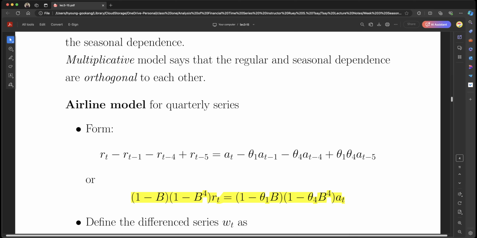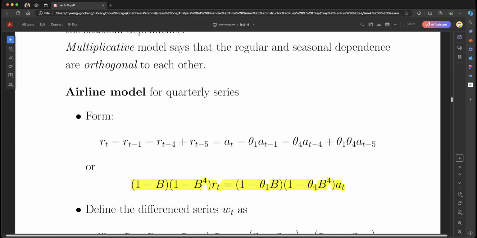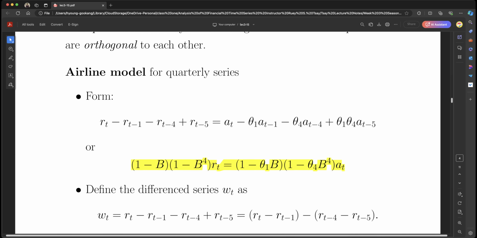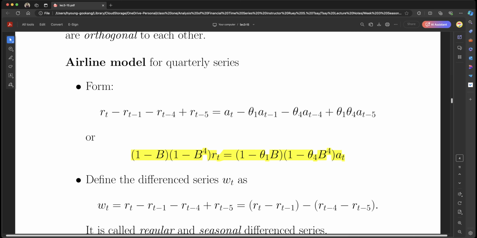All right. So we model this as a_t minus θ1 a_{t-1} minus θ4 a_{t-4} plus θ1θ4 a_{t-5}, or if we use the backshift operator B, then (1 minus B)(1 minus B^4) r_t equals (1 minus θ1 B)(1 minus θ4 B^4) a_t.